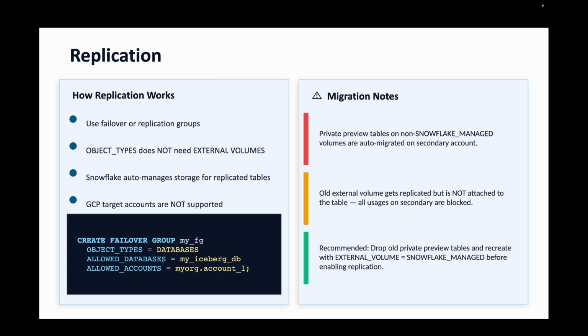Once you create a failover group, if there is a problem with the primary account, I'm going to enable my secondary as primary. Until then, I'm going to refresh my secondary account to continue to replicate this data. So it is important to understand that replication works with Snowflake managed Iceberg tables.